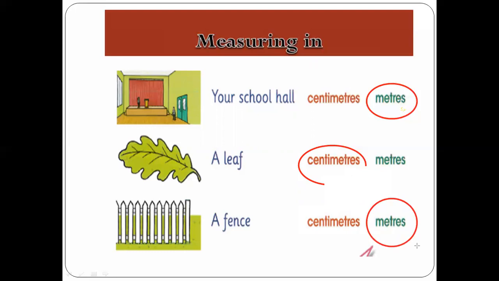If the things are big, you will measure them in meters, whereas those things which are little or small, you will measure them in centimeters. 100 centimeters make 1 meter. Okay, let's move on to what we have studied next in this lesson.